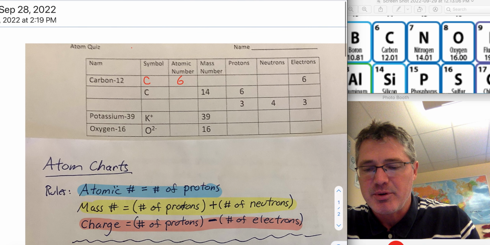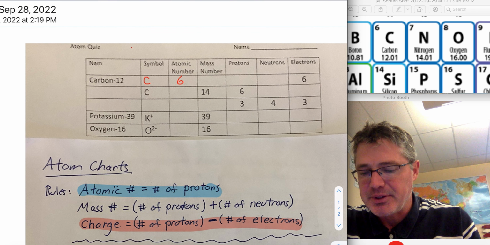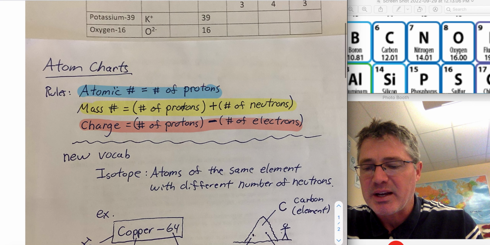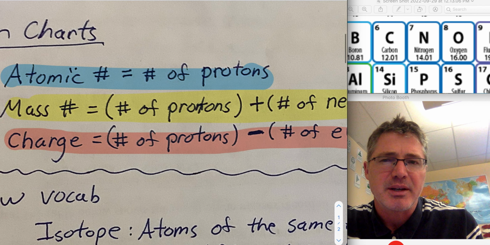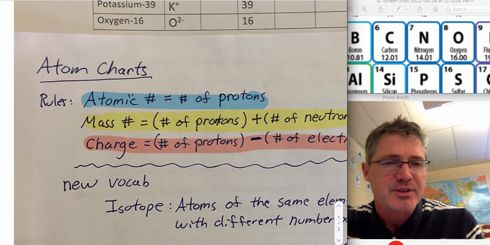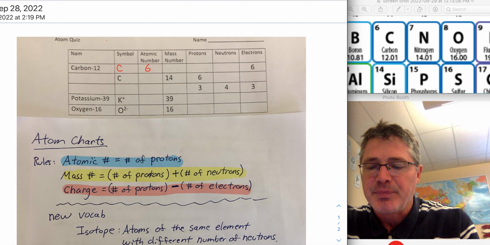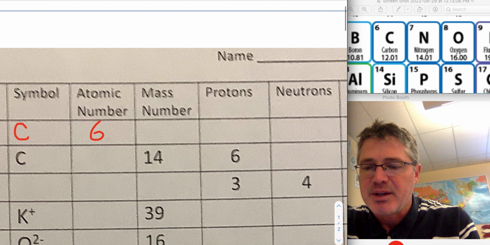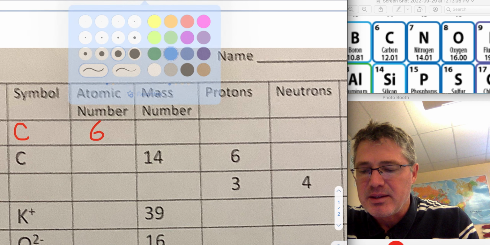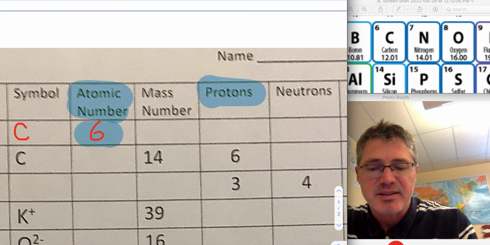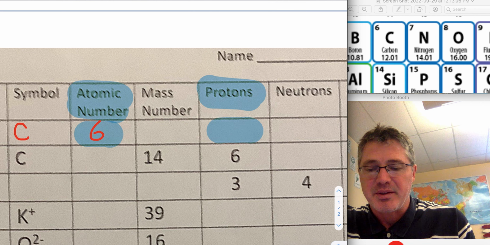So this table, again, can be filled out by using these rules. And so I want to look down at the rule I call the blue rule in this case. It's the atomic number is equal to the number of protons. So going back to our table, if the atomic number is equal to the number of protons, what that means is that this number right here, the 6 in that case, is going to be the same as that number. So we would just say that those would be the same.